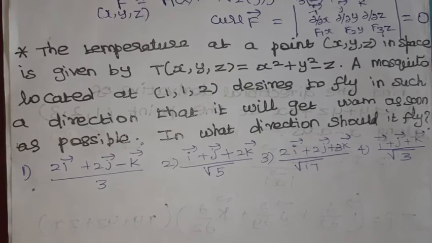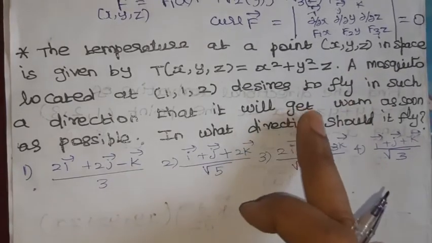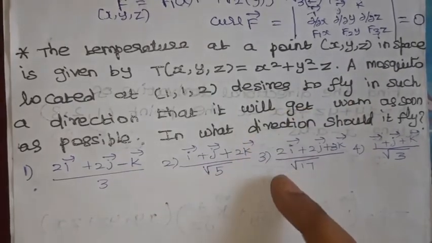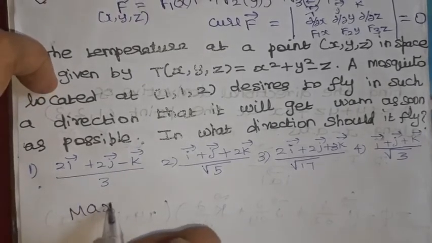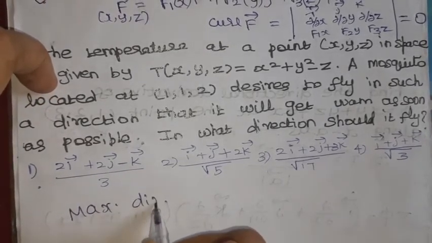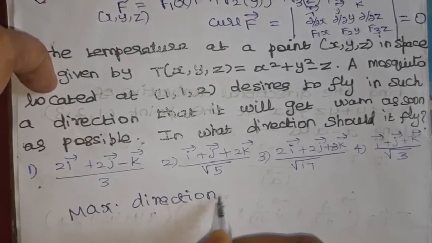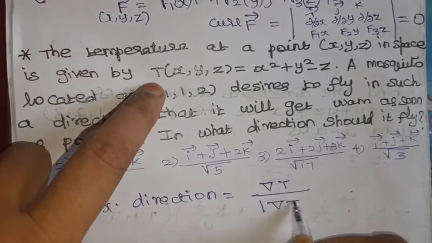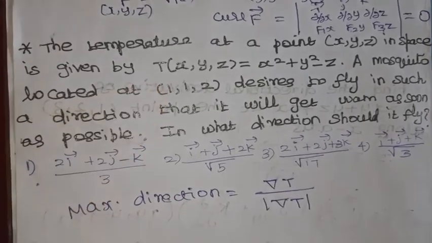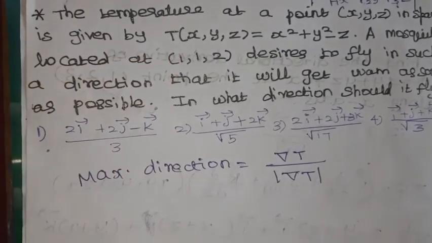In what direction should it fly to get warm? Okay, so we need to find the maximum direction. What is the formula? The direction the mosquito should fly is nothing but del T divided by mod del T. So find del T and divide by the magnitude of del T. Very simple. Okay.